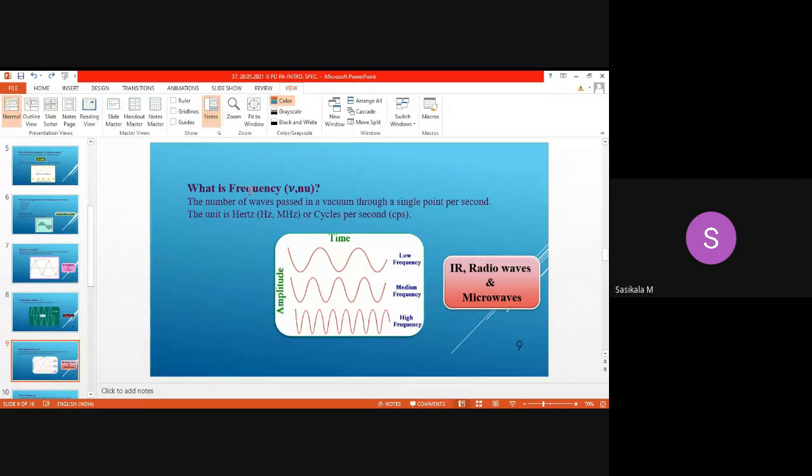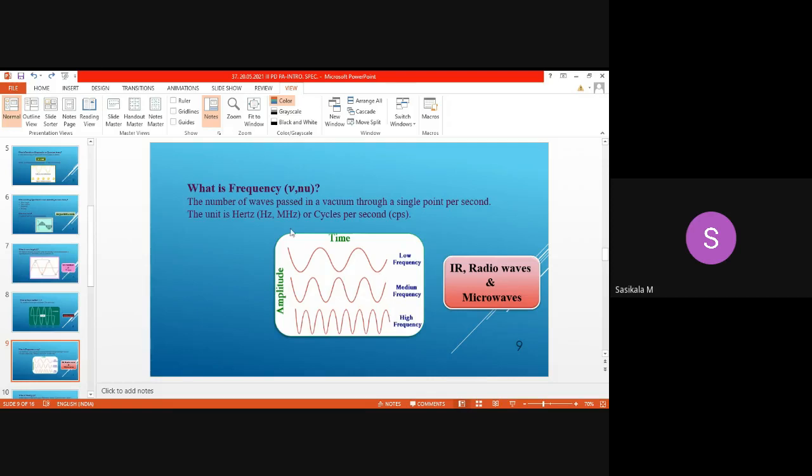Frequency is based on time. Number of waves: how will you calculate it? One wave has one peak and trough. So how many whole waves are passed in a vacuum through a single point per second? In 1 second, how many waves are passed?